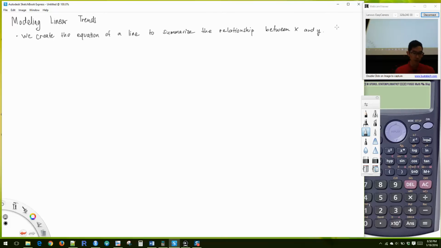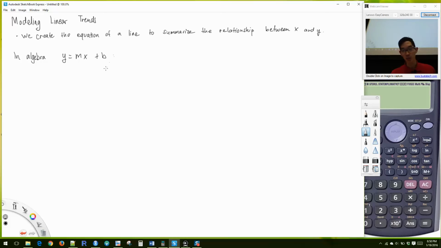If you think back to your days in algebra, and you learned about writing the equation of a line, how would you give the equation of a straight line in algebra? You'd say y equals mx plus b, right?